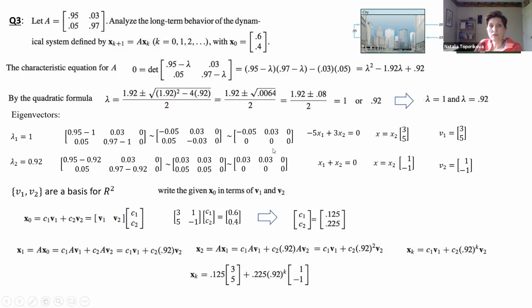So now, if we want to predict what will happen with the population of the city and the suburbs 20 years from now, instead of running 20 calculations recursively, we can use the eigenvalues and conduct one single calculation to find the distribution between the city and the suburbs, the vector xk, for any number of years to come.